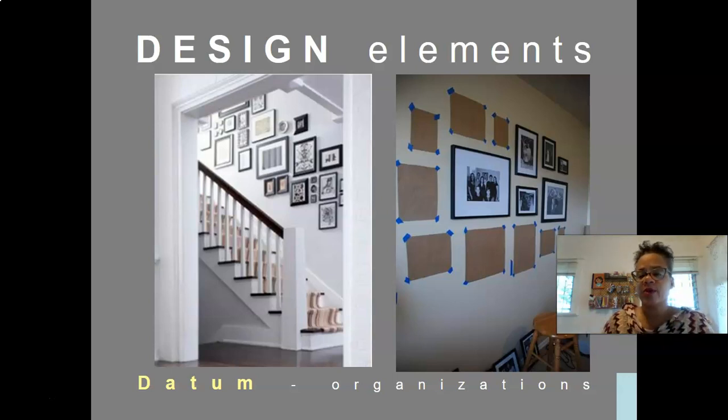So when you're hanging pictures on the wall, you are banging holes. So you want to avoid putting too many holes in your wall. So one of the things that is great to do is actually cut out the shapes of the frames and sort of tape and tack them on. Live with it for a little while.